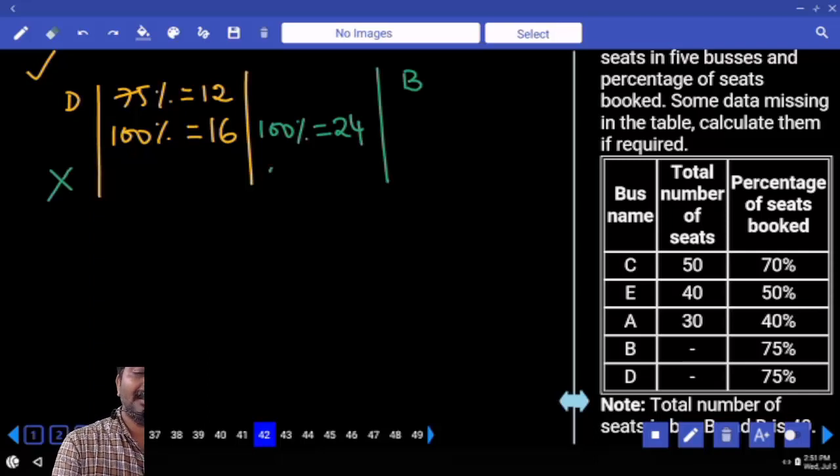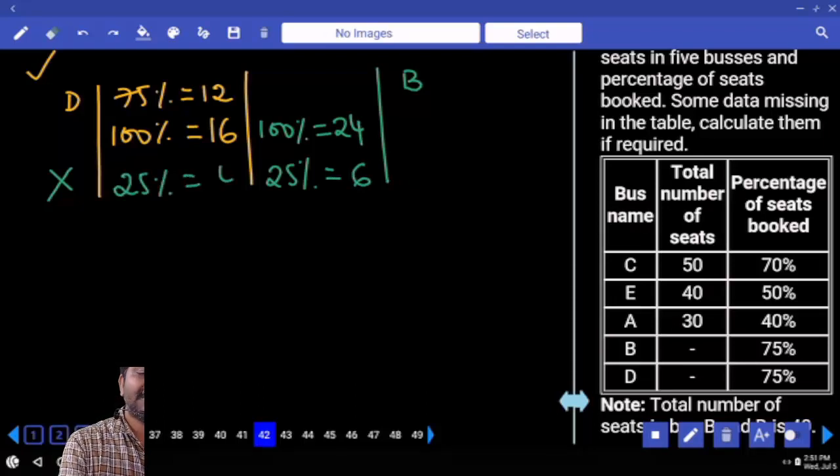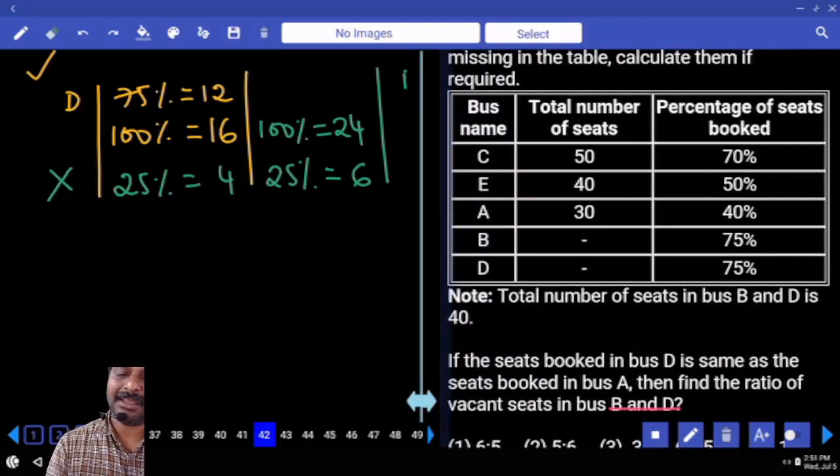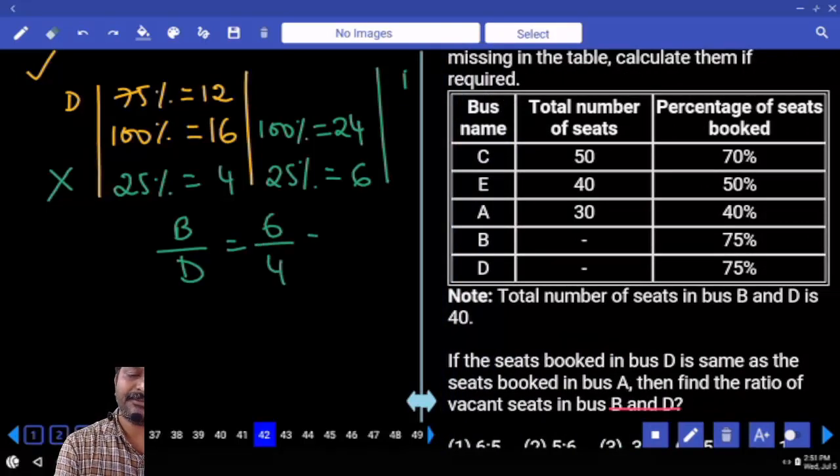Vacant are 25% here, which is equal to 6. Here vacant are 25%, which is equal to 4. Got it? Now the ratio between B and D, B by D is 6/4, which is 3:2.